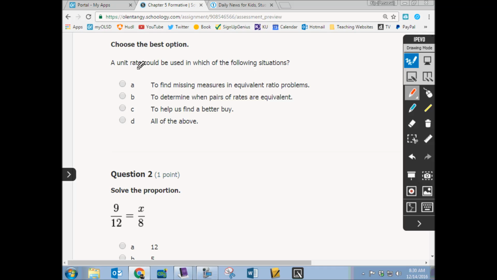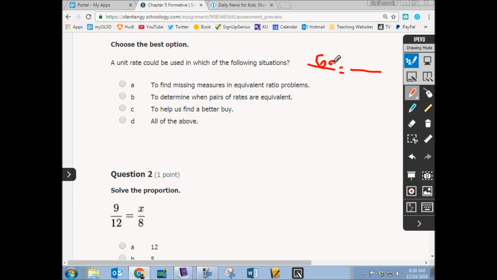Okay. So a unit rate could be used in which of the following situations? Well, let's look: to find missing measures in an equivalent ratio problem. If I were trying to figure out 2 boys for every 5 girls, let me flip that around and use a better problem for you guys so you can see it better.